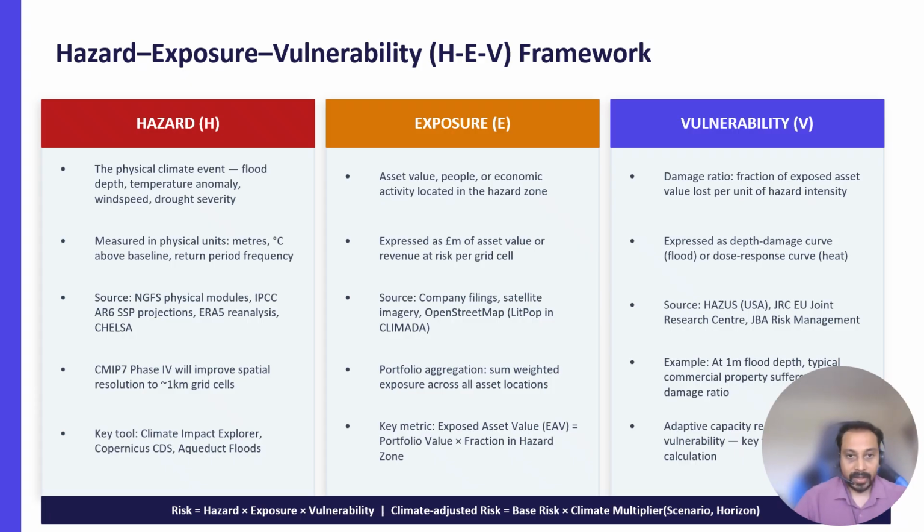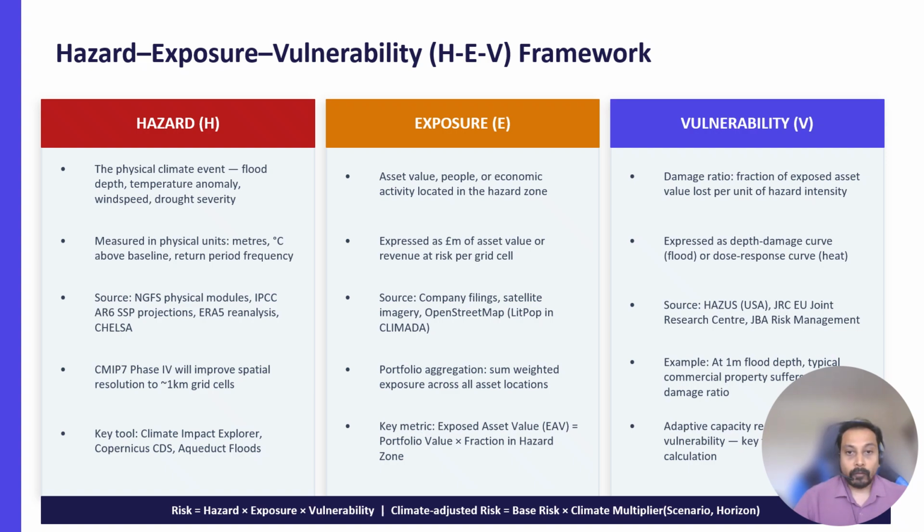That hazard data comes from the climate models under the NGFS pathways. The hazard increases as warming increases, and the climate multiplier for flood hazard can range from 1.4 times the baseline under SSP1 to 2.6 by 2050, to 4.5 times under SSP5-8.5 by 2100.